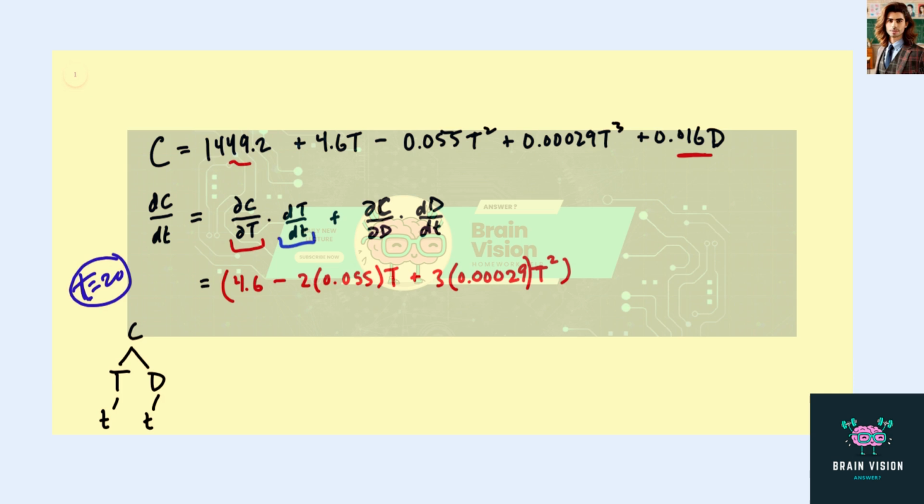Now for dT/dt, the only way to get that is by estimating from the graph. So how quickly is the temperature changing with respect to time? If we look at the graph, we find 20 on the graph. The value of big T looks like it's about 13, but we care about dT/dt.